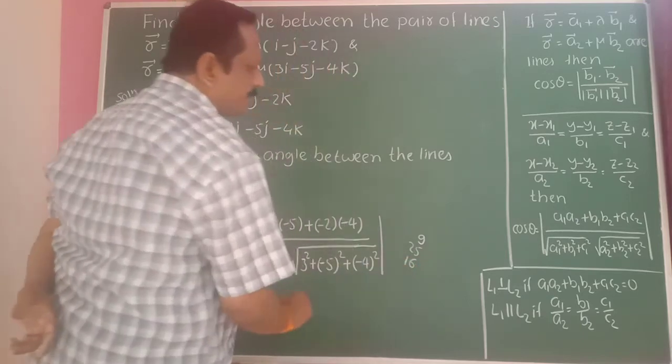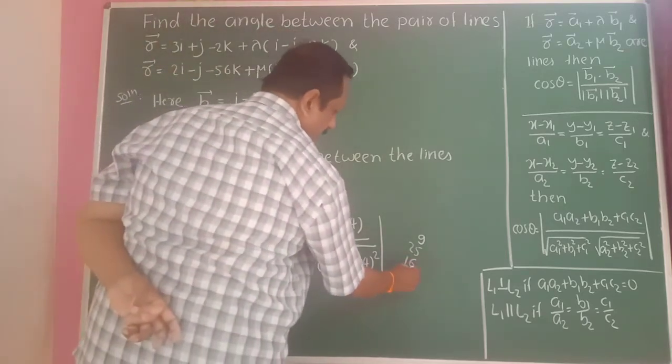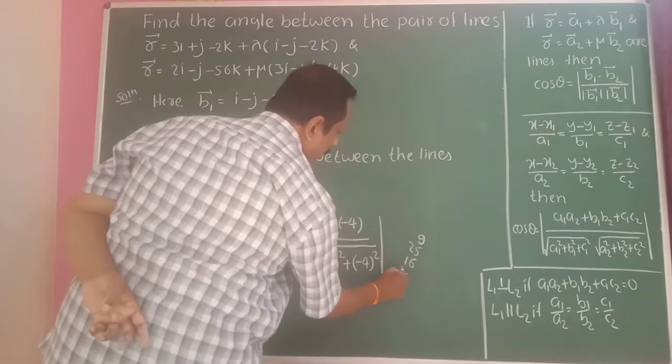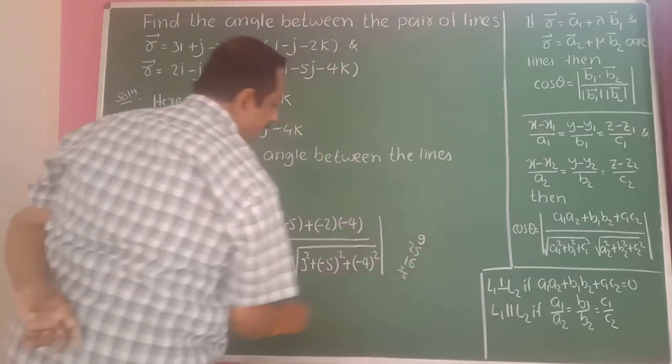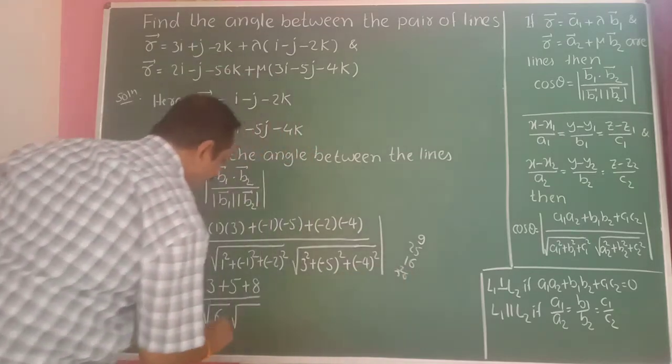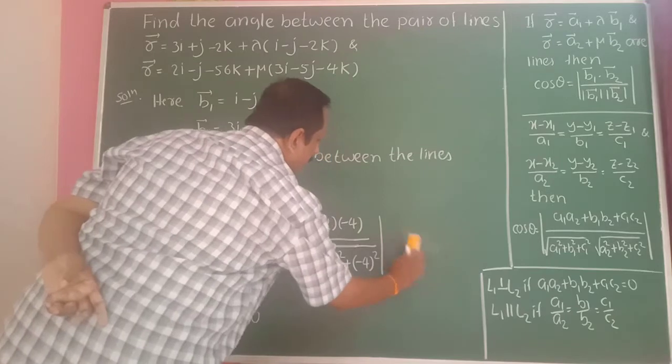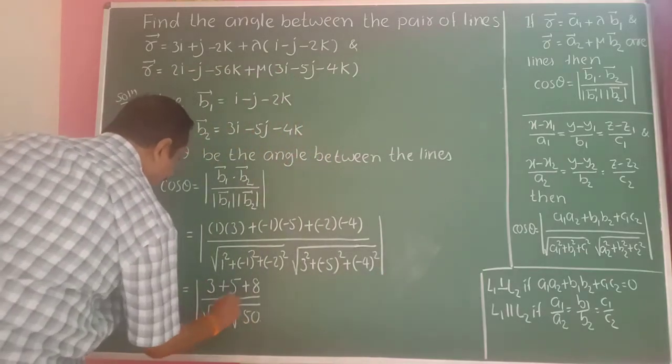Then 6 plus 5, 11, plus 9, 20, plus 25 and 16 gives 50. Therefore root of 50. Okay, take here the modulus sign.